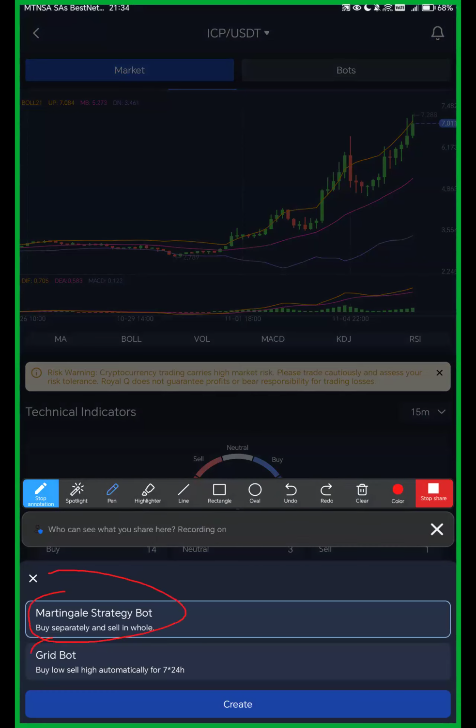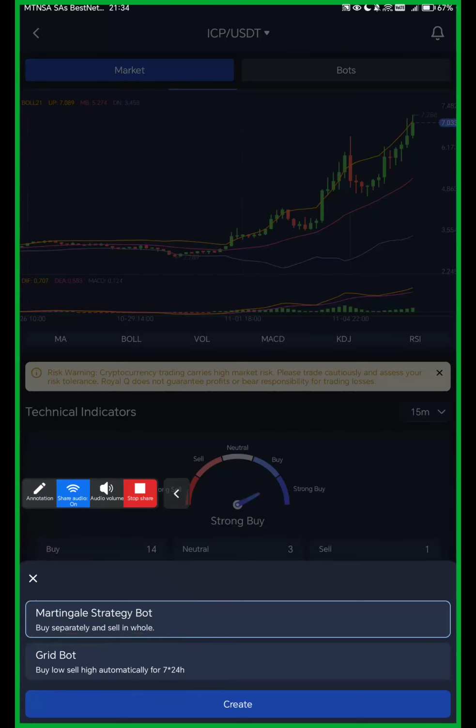We do have the grid bot, but we don't teach you how to trade with it. We only teach you how to trade with the Martingale strategy bot. So don't think that this one is just here for decoration. There are other traders trading using the grid bot, as we are using the Martingale.